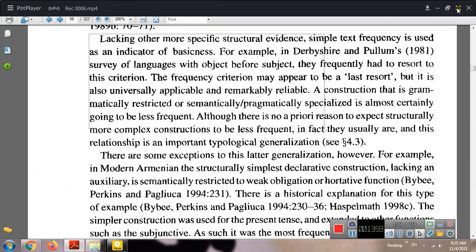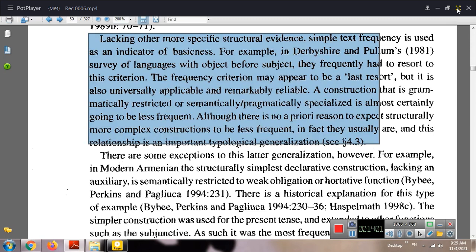I want to repeat it again because it is important. Dear student, lacking other more specific structural evidence, simple text frequency is used as an indicator of basicness.